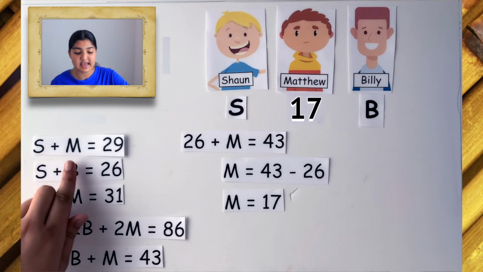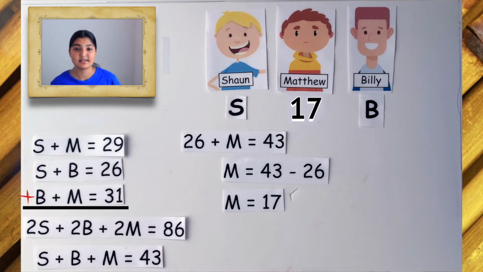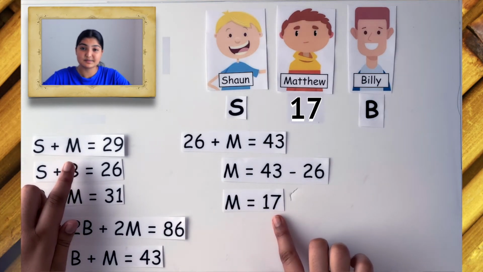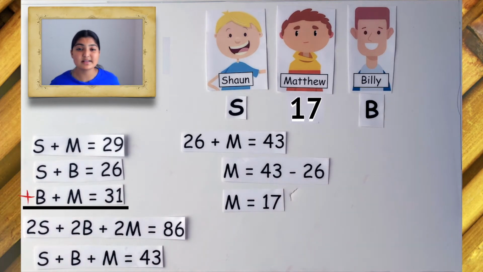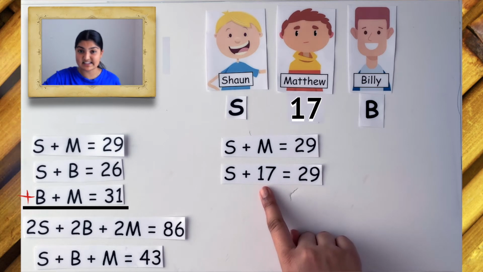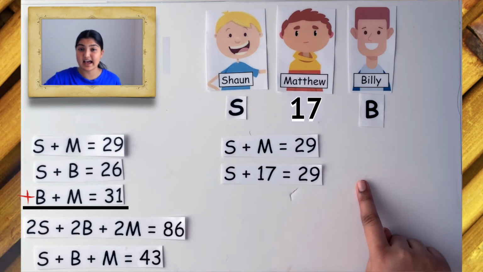S plus m is 29. And we know m is 17. So let's put 17 into that equation. To find the value of s, we can take positive 17 to the right side of the equation, where it will subtract.